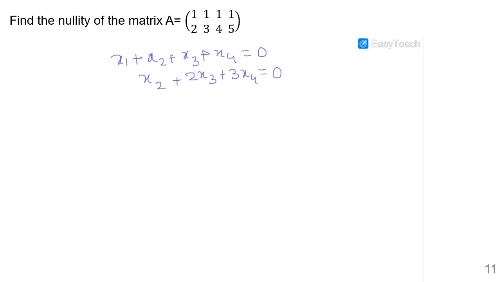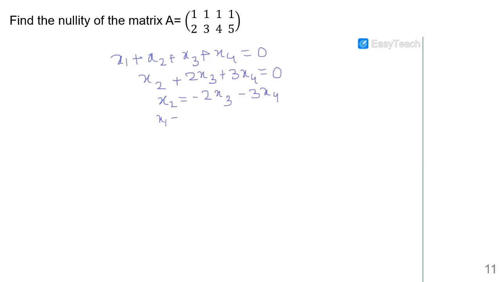So, I can write this as x2 is a pivotal variable. I need to write it in terms of free variables. So, I get this as x2 equal to minus 2x3 minus 3x4.